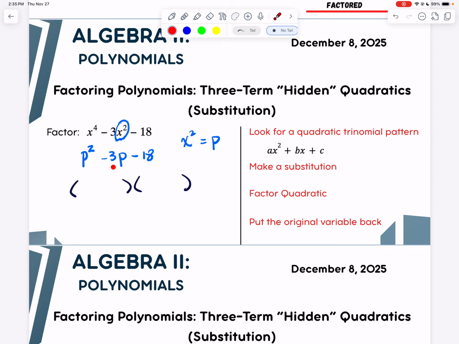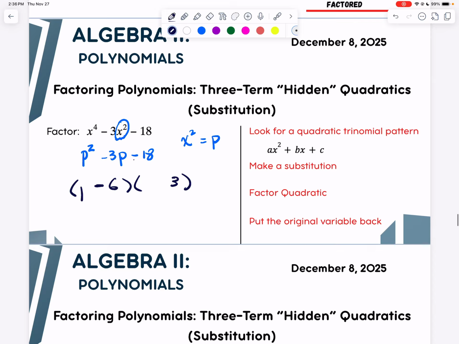Our two numbers would be 6 and 3, and thinking about the signs, 6 has to be negative and 3 has to be positive.